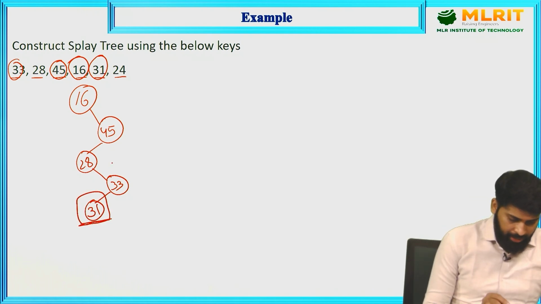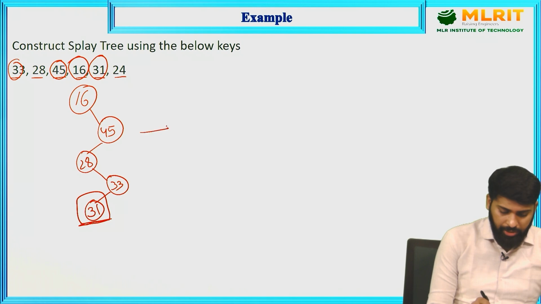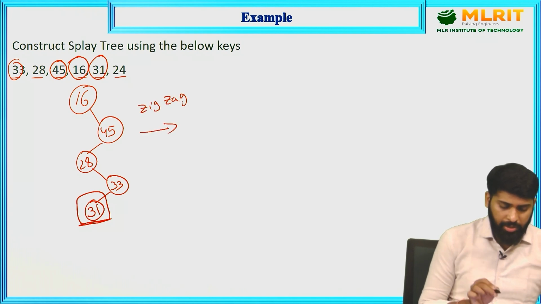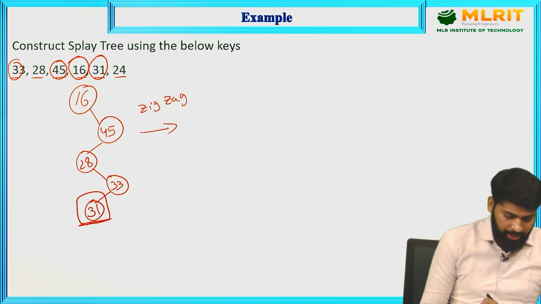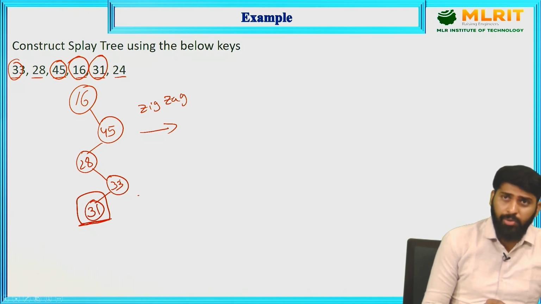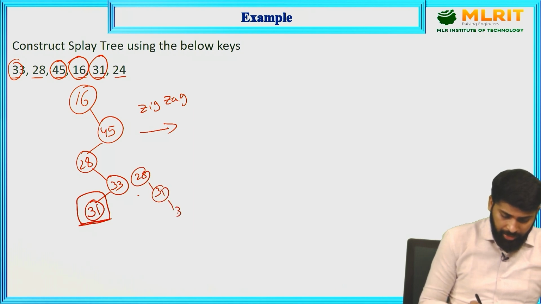Apply zig-zag rotation. Now, this tree becomes 28, 33, 31. Zig-zag means we rotate to the right first, so it becomes 28, 31, 33.